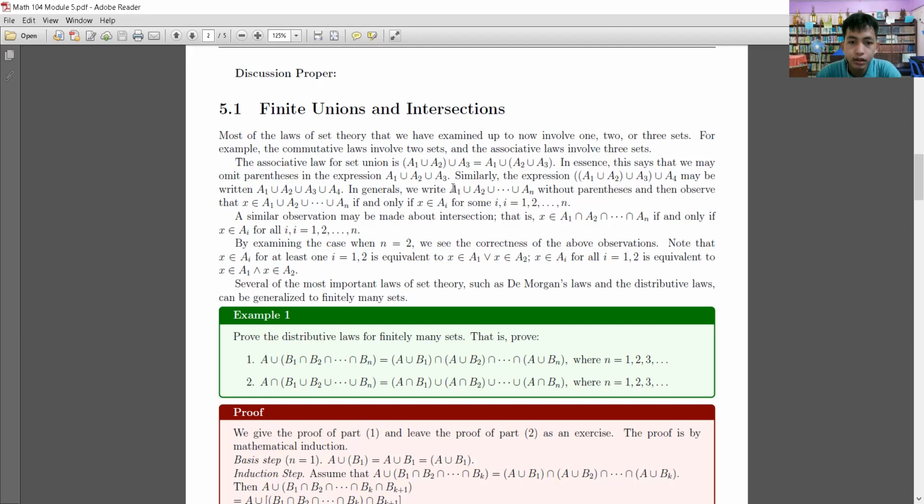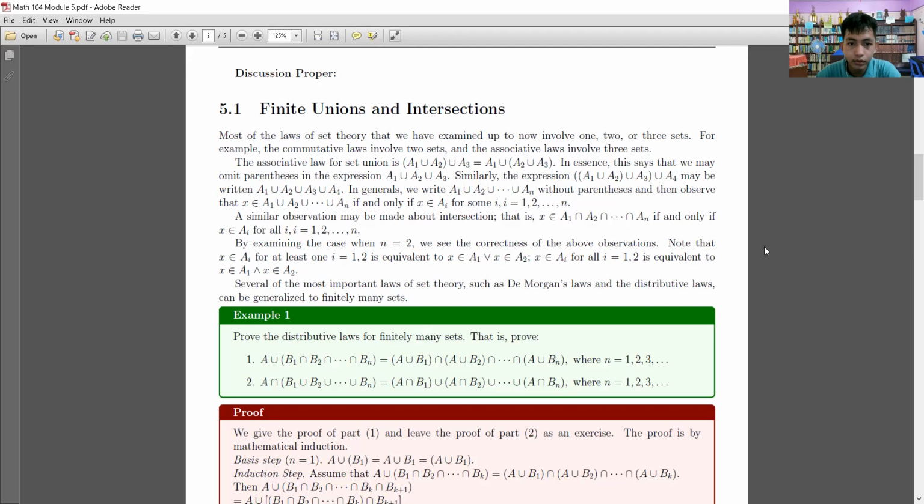Okay, so we have A sub 1 union A sub 2, union, and so on up to union of A sub n. And similarly, in the intersection, we have A sub 1 intersection A sub 2 up to A sub n.